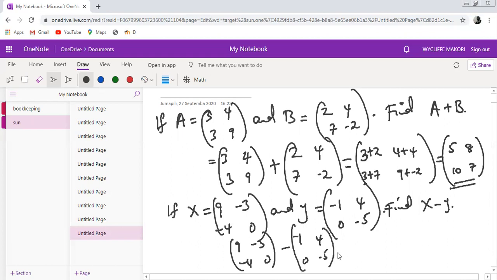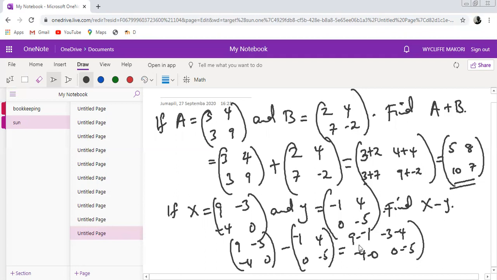If you subtract the two, it is going to be 9 minus negative 1, negative 3 minus 4, negative 4 minus 0, 0 minus negative 5.